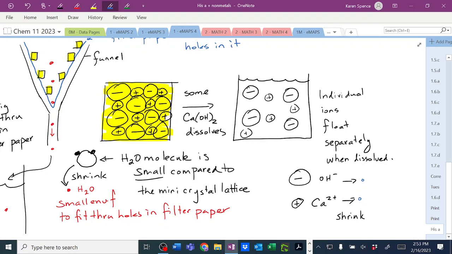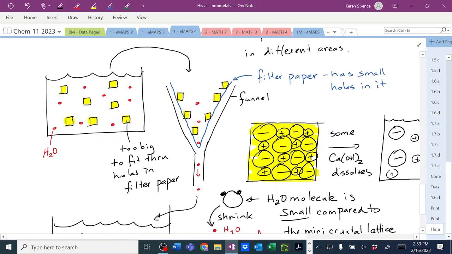But now it becomes apparent that each of those little tiny individual ions will fit through the holes in the filter paper. So up here, I don't just have little mini crystal lattices in water, I also have some individual dissolved ions.